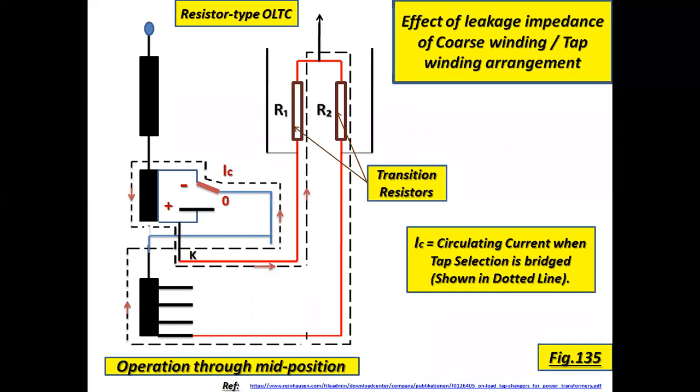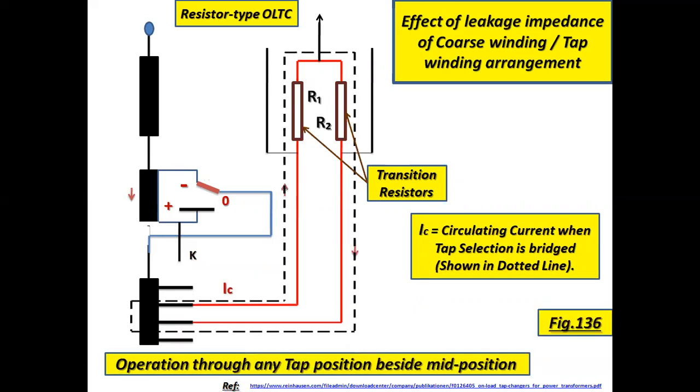Transition resistors, IC is the circulating current, where tap selection is bridged, shown in the dotted line. Is figure 136. Is resistor type OLTC.